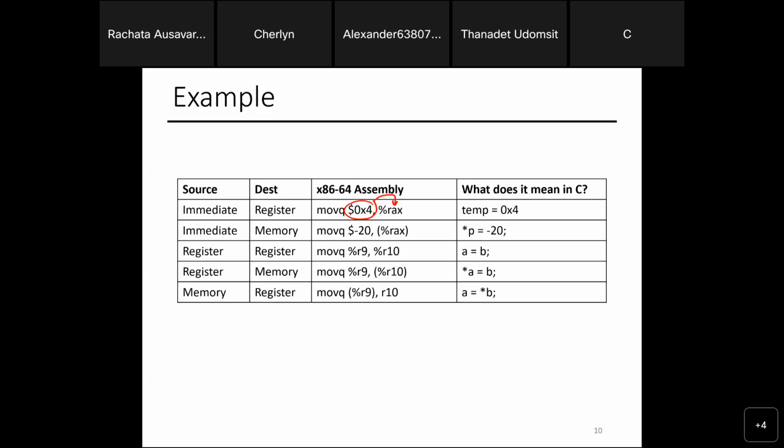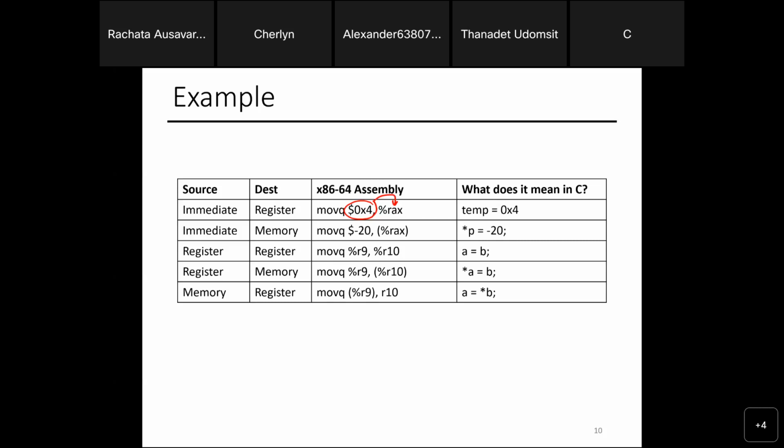The easier way to remember this, $ sign specifies the value, so we treat that number as an actual value. $ sign in front of anything, that's the number I want as a constant. All right. So this means RAX takes 4. If you want to compare this to what happens in C code, this is almost the same as I do temp equal 4.